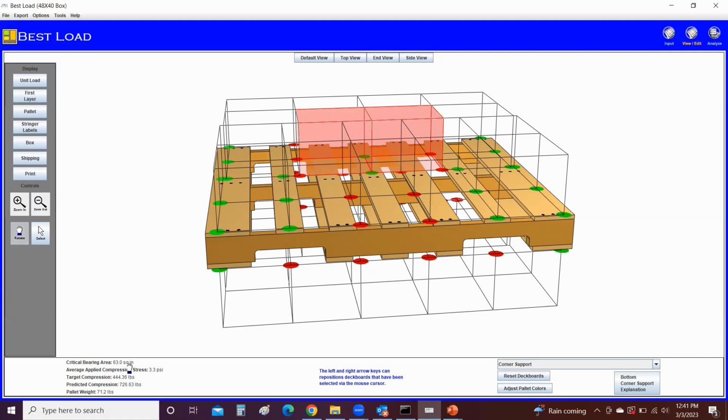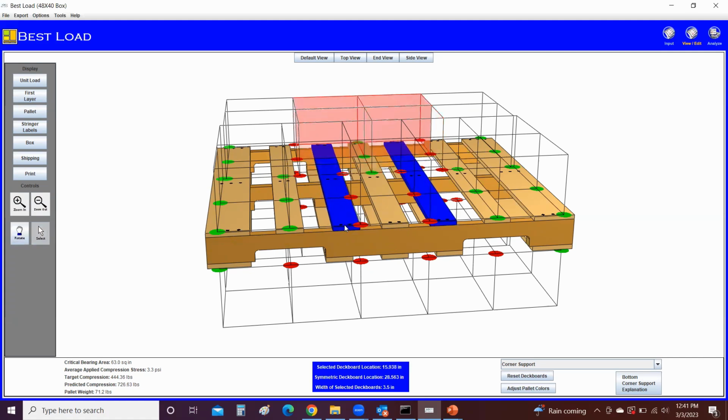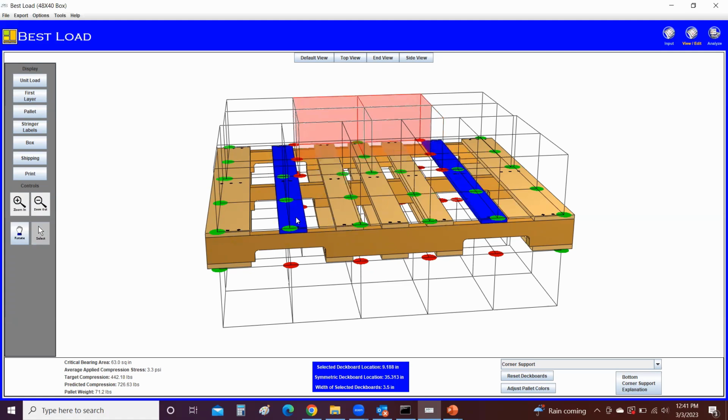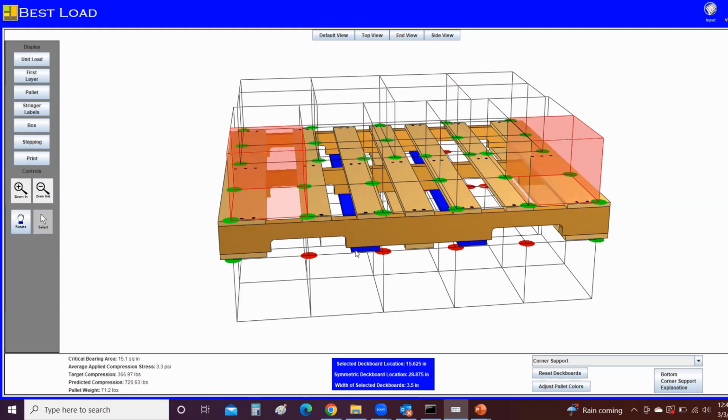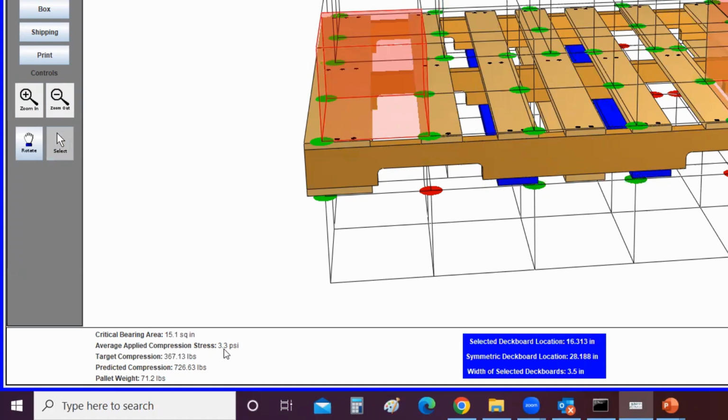Keeping the target compression strength of 444 pounds in mind, we will reposition certain deck boards to better support box corners. By doing so, we have reduced the target compression strength by 77 pounds.